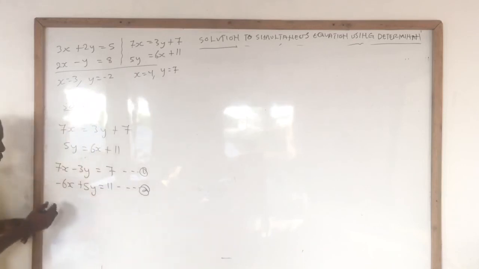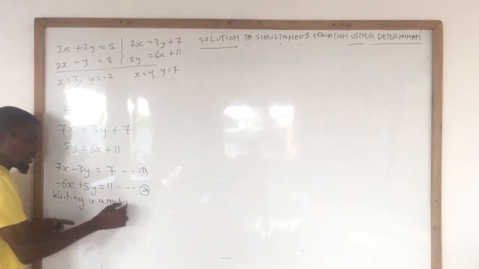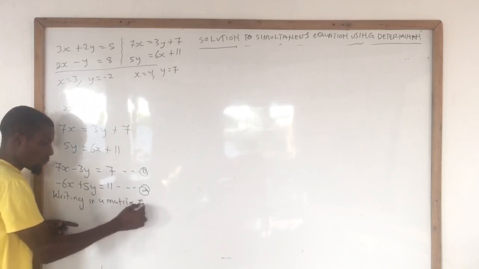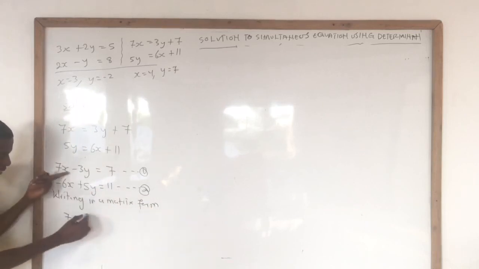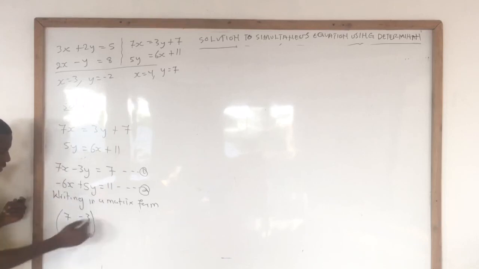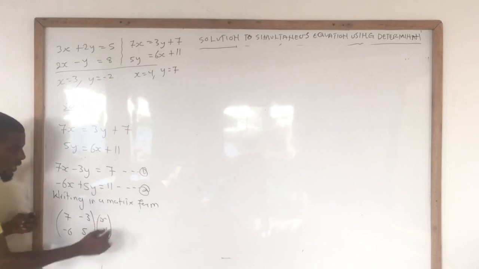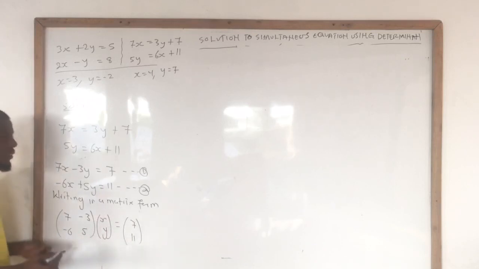Now, writing this in matrix form, we extract the numbers. So this one becomes 7, negative 3, negative 6, and then 5. And then we have our x y equals 7, and then 11.